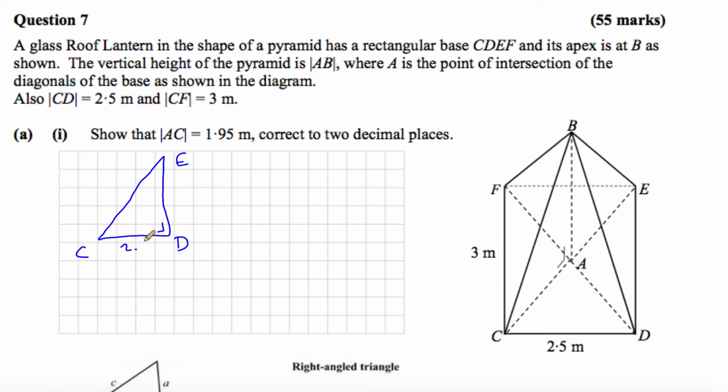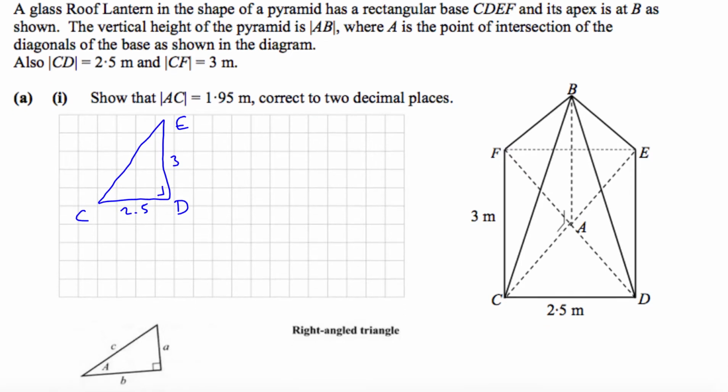I know this side's 2.5 and I also know that the side ED should be the same as the side FC, which is 3. So I know two sides and I can use Pythagoras to find the third side. And when I found that, I know that CA will be half of that because the diagonals of a rectangle bisect each other.